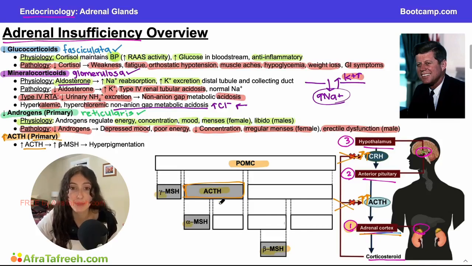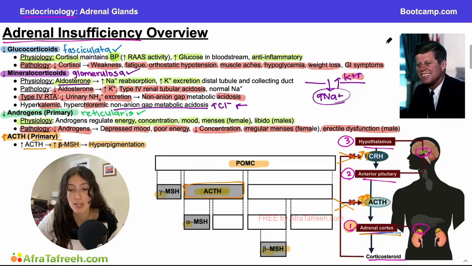And because all of these proteins are transcribed from the same gene as ACTH, when ACTH levels rise, such as in primary adrenal insufficiency, you can also see a rise in the melanocyte stimulating hormones. Melanocyte stimulating hormone, exactly like it sounds, stimulates your melanocytes to create more melanin, and this is going to lead to an effect of hyperpigmentation.